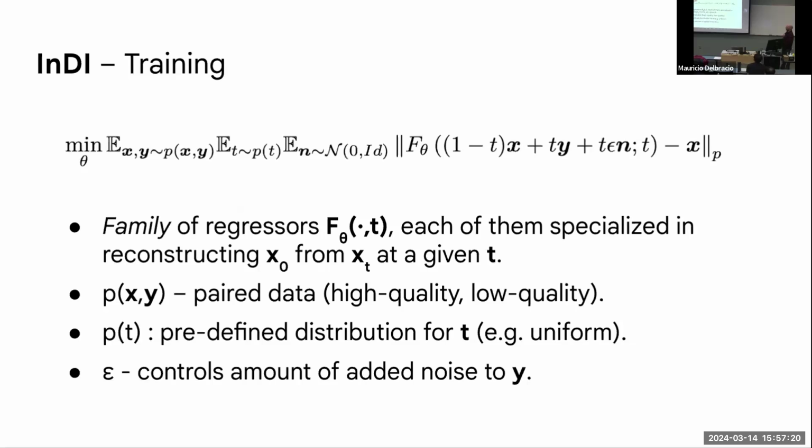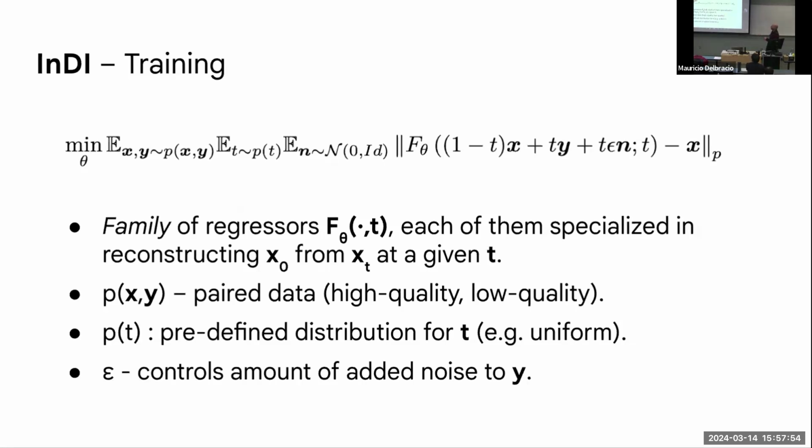So to go into more of the details, we need to train a model. Actually, what we're training is a family of models, each of them specializing on T from 1 to 0. We parameterize that using a neural network, and then we sample per training data, simulate the degradation xt by sampling T, maybe from a uniform distribution between 0 and 1, sampling the noise, generating the xt, and then learning to predict x.